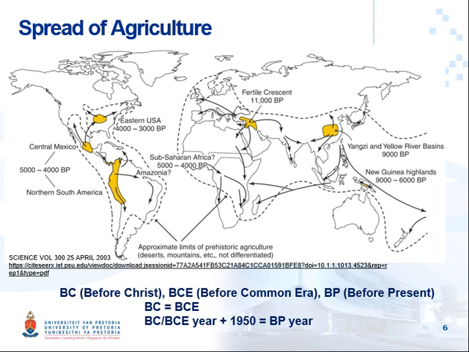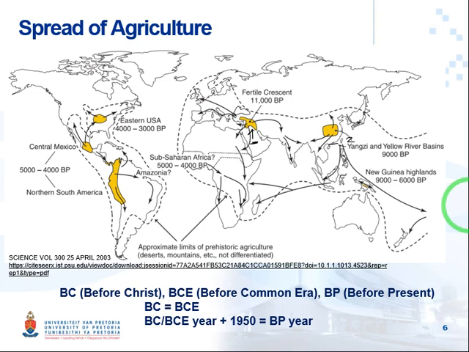It is believed that around 11,000 BP, agriculture first emerged in the modern-day Middle East and Fertile Crescent. This area is the birthplace of wheat. The second center of origin of agriculture is believed to be the Yangtze and Yellow River Basin in modern-day China, number 2, around 9,000 BP.